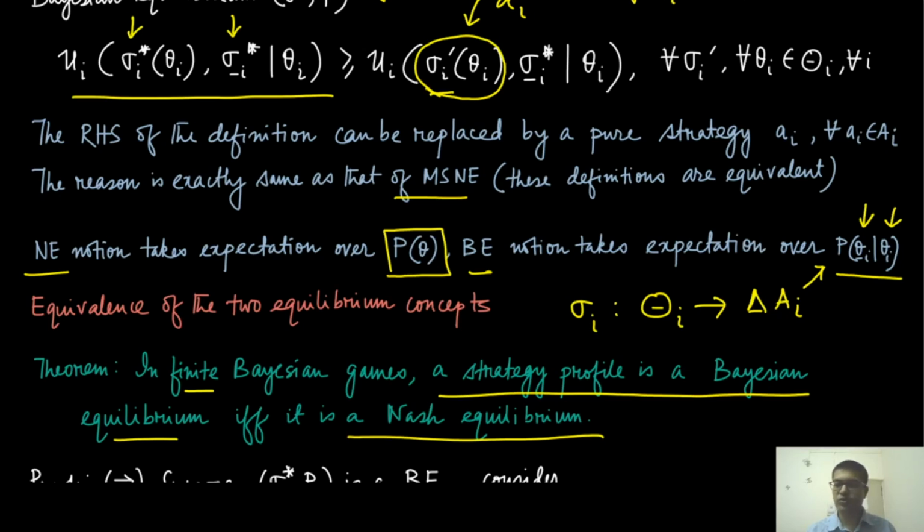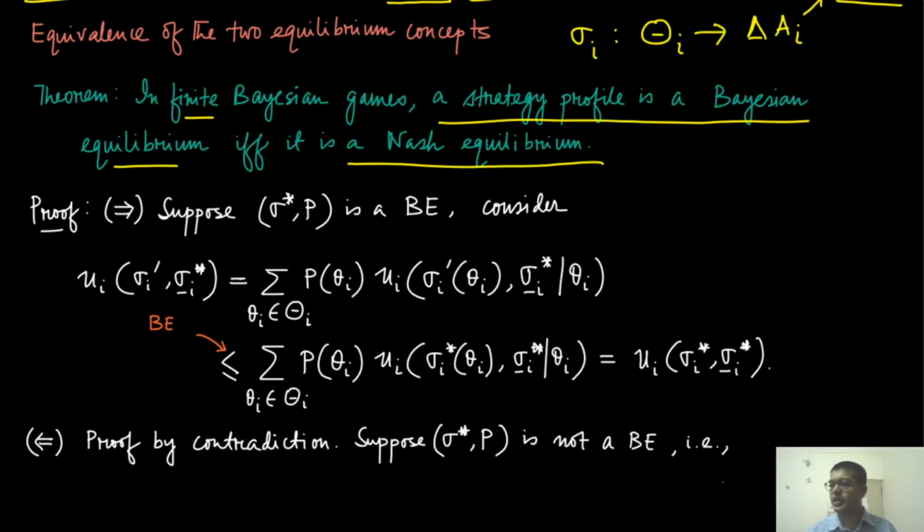So how should we prove this? Let's look at the forward direction. That is, we are given that this (σ*, p) is a Bayesian equilibrium. Then we have to show that this is also a Nash equilibrium. So let us start with the strategy for player i, which is σ_i'. So player i is deviating to σ_i'.